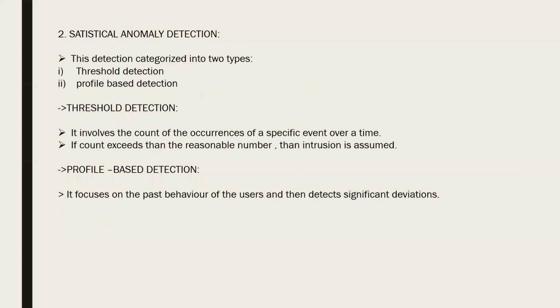The second one is statistical anomaly detection. Here we have two types: threshold detection and profile-based detection. Threshold detection involves counting the occurrences of a specific event over a period of time. The user has some specific time in which he uses the system.